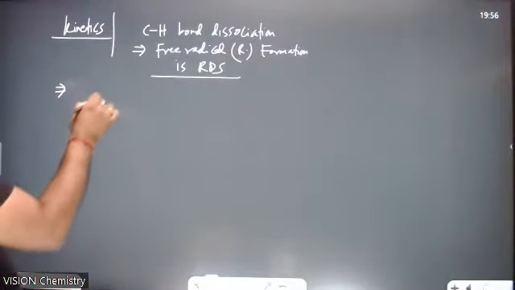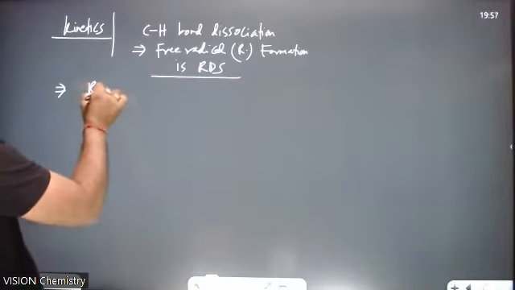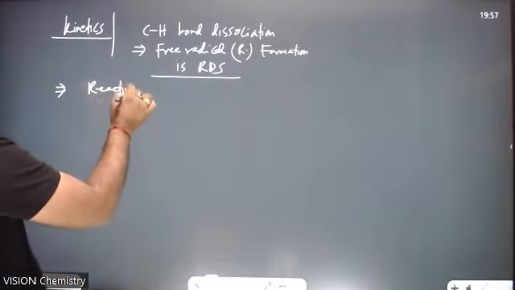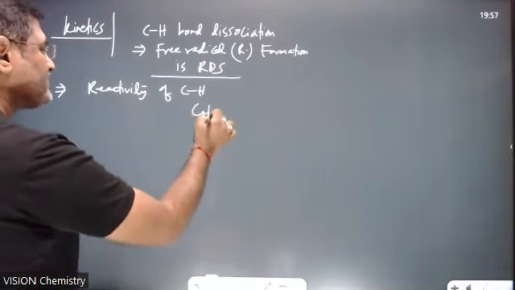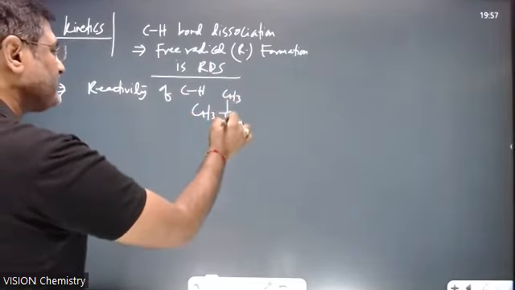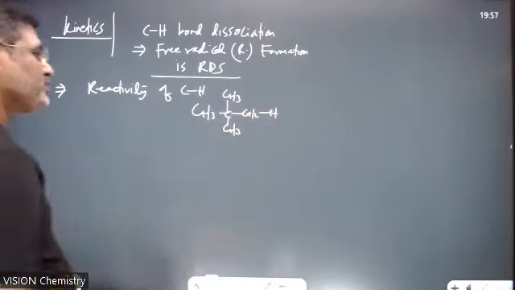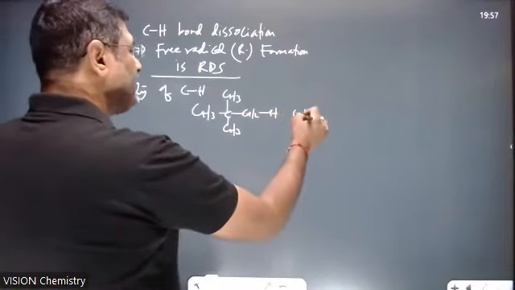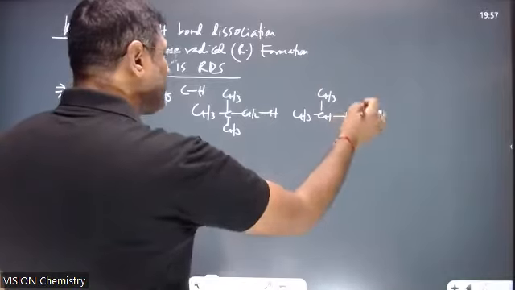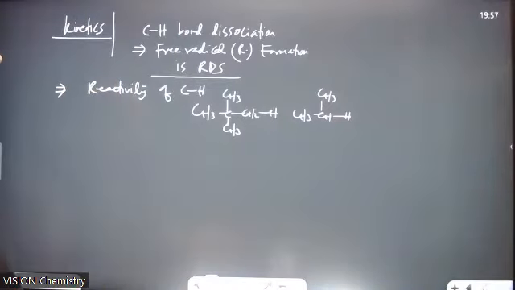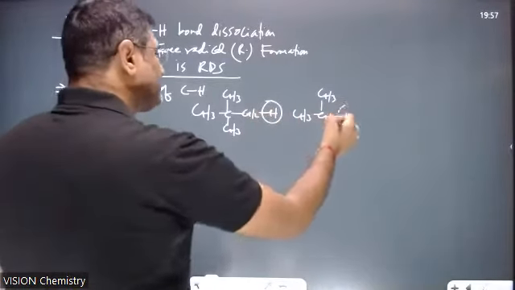Let me give one example. First, I say the reactivity of C-H, it all depends on the reactivity of C-H. And that's why in this neopentyl system, CH3, CH2 and the H, this one is more reactive than the secondary one, CH3 and the H. If you see this, then this reacts faster than this one.